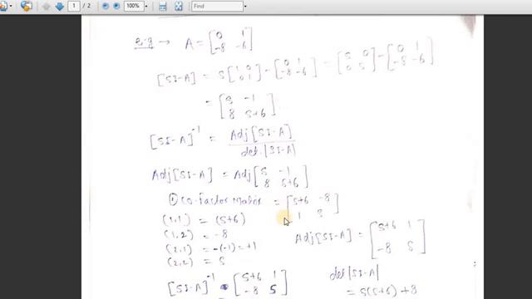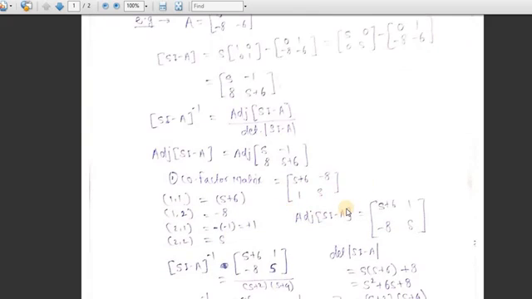So the cofactor matrix is s plus 6, minus 8, 1, s. If I take its transpose, that will be the adjoint matrix: s plus 6, 1, minus 8, s.